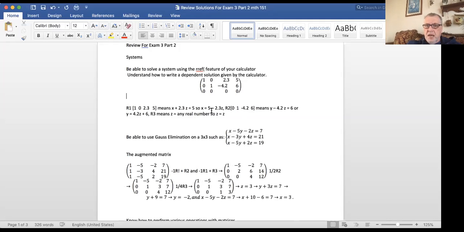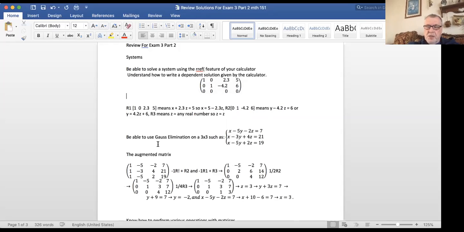We can isolate x by subtracting 2.3z from both sides, getting x equals 5 minus 2.3z. We can isolate y by adding 4.2z, which means 4.2z plus 6 equals y. What this final row means, where 0 equals 0, is that z can be any real number. So we pick a z, plug it in, and we get an x and a y out. So that means z equals z.